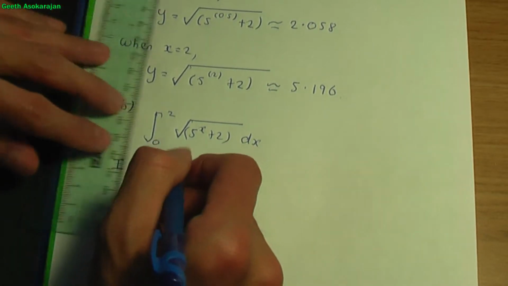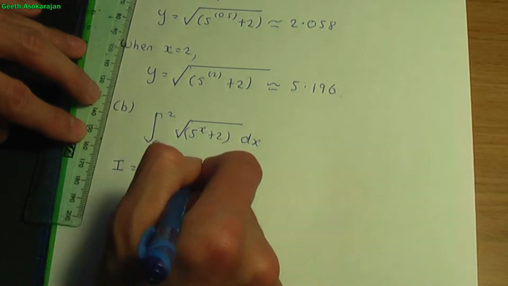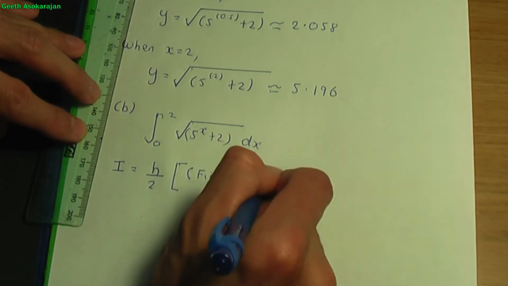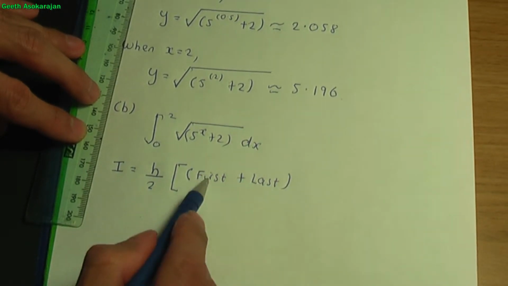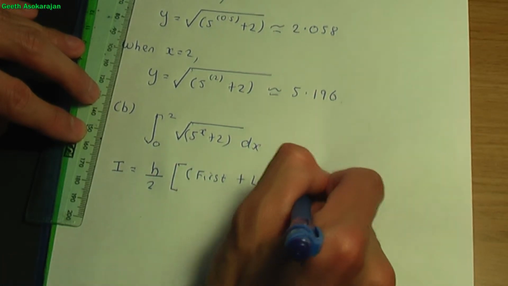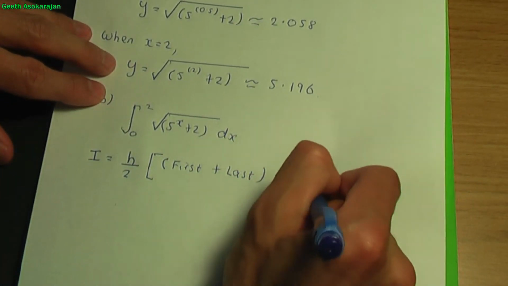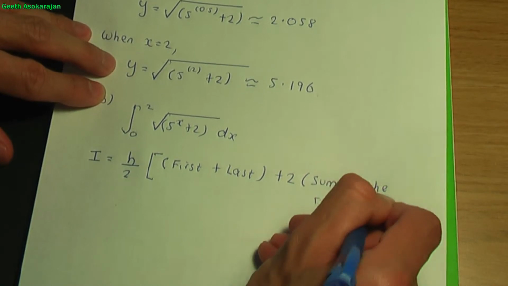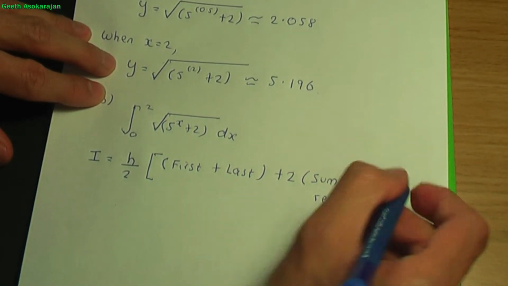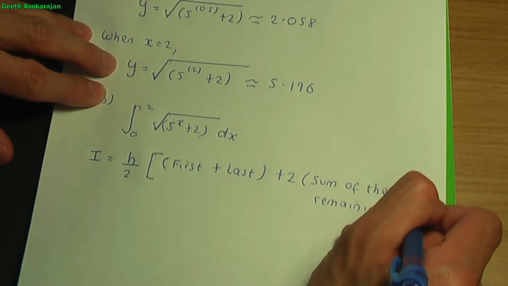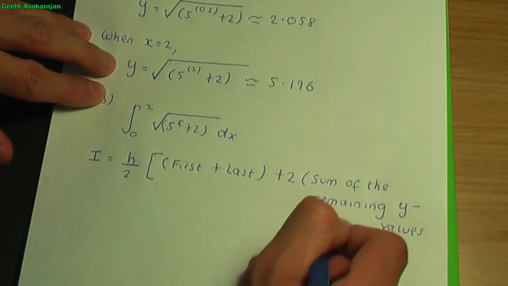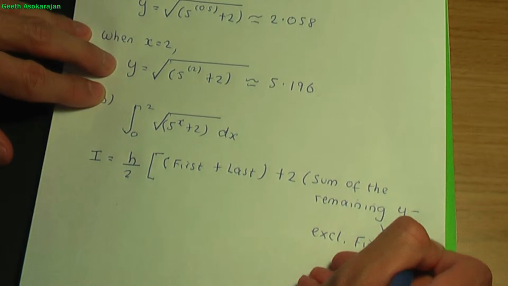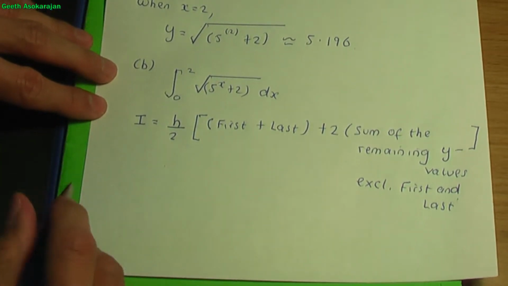So it's the width divided by 2, multiplied by the first y ordinate plus the last y ordinate, plus 2 times the sum of the remaining y values or y ordinates, excluding first and last.